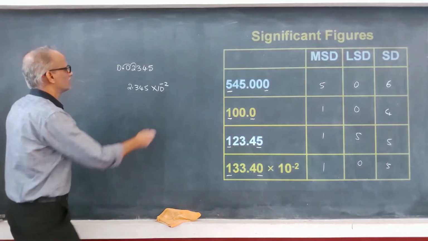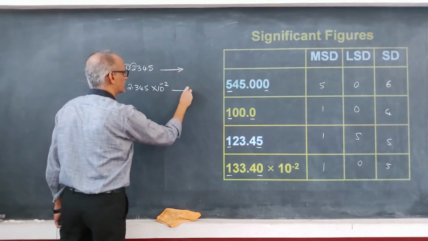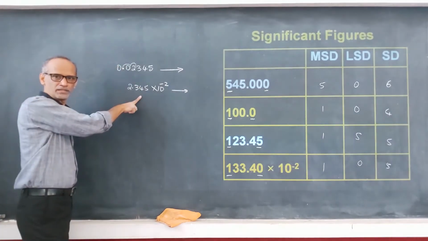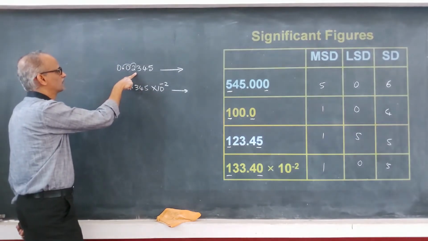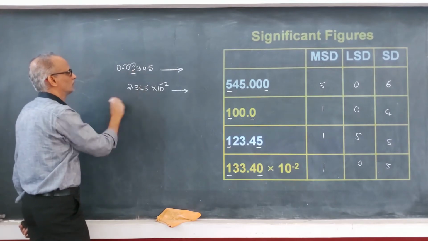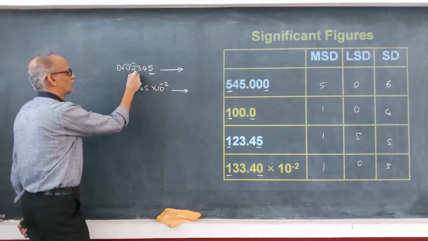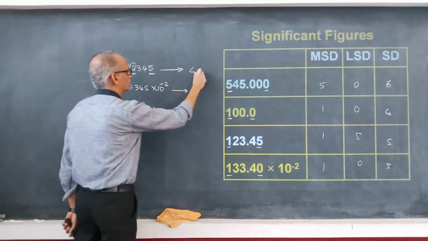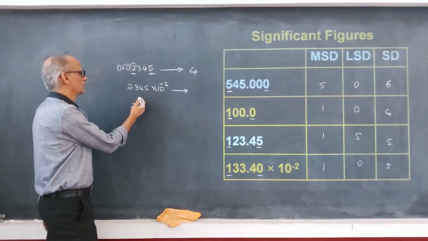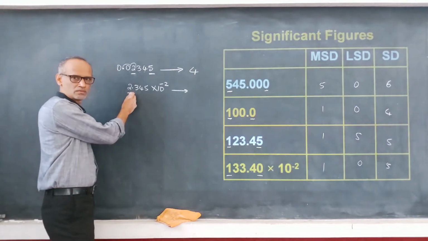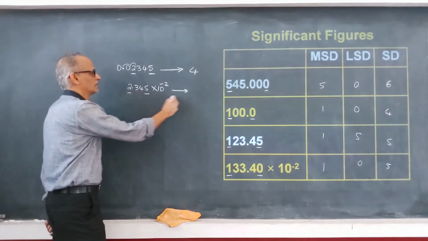Now let's calculate the number of significant digits before rearranging and then after rearranging. Before, it's a number with a decimal, so the most is a 2, the least is a 5. So 1, 2, 3, 4 is the number of significant digits. Now check this. The most is a 2, the least is a 5, total 4 only.